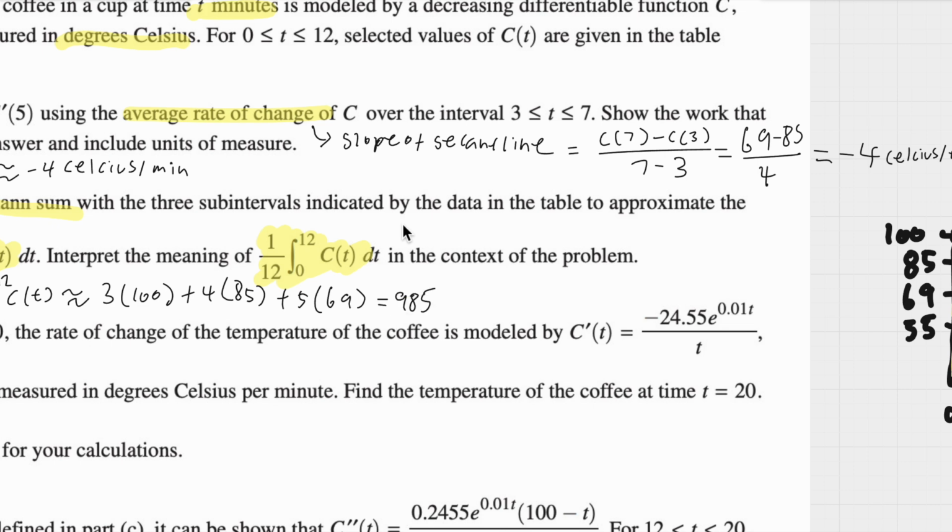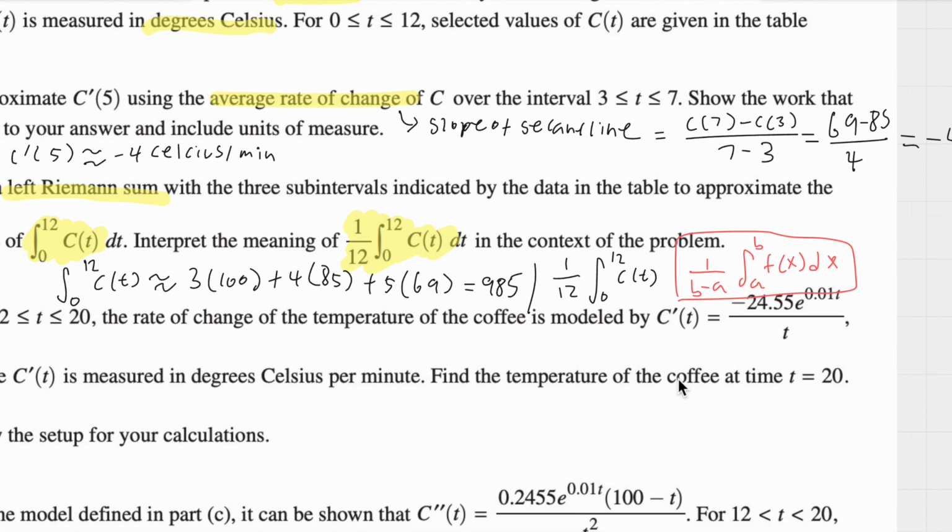Okay, next part is dividing this by 12. 1 over 12 of the integral from 0 to 12 of C of t. So you need to remember that when you see something in this form, 1 over b minus a, integrating from a to b of some function, this is the average value. Okay, this is the equation for the average value.